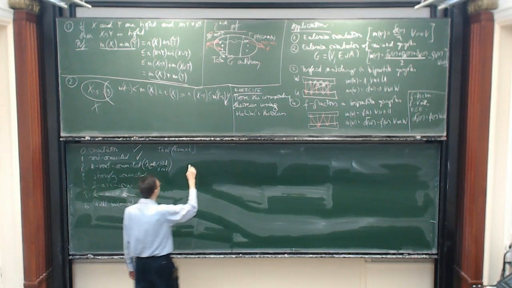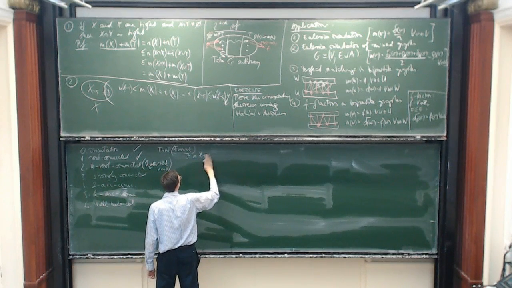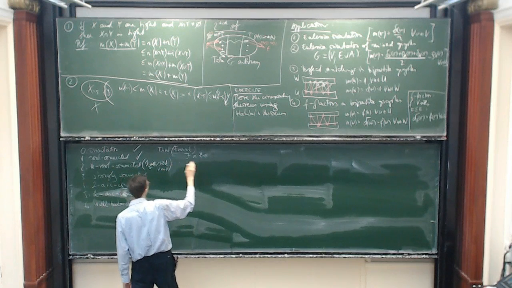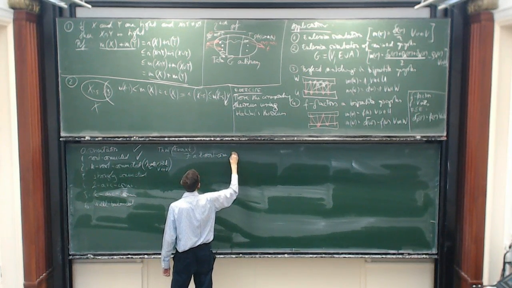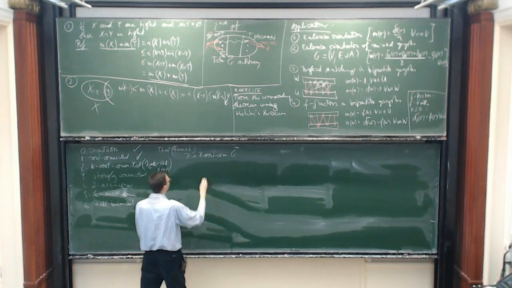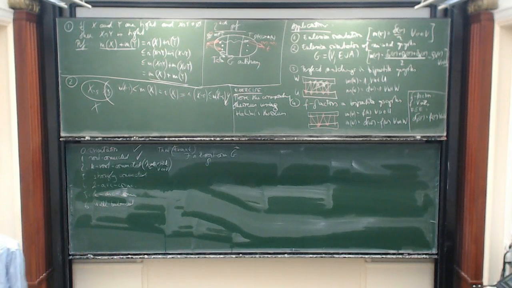Okay, so there exists a K route connected orientation if and only if. And now the condition is not so trivial.